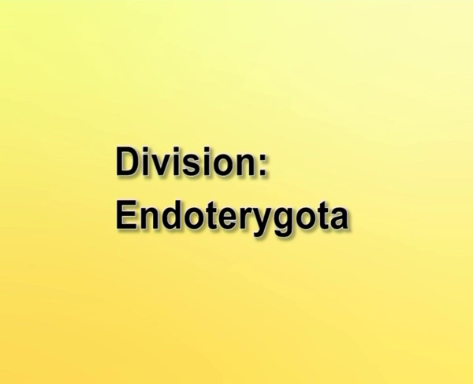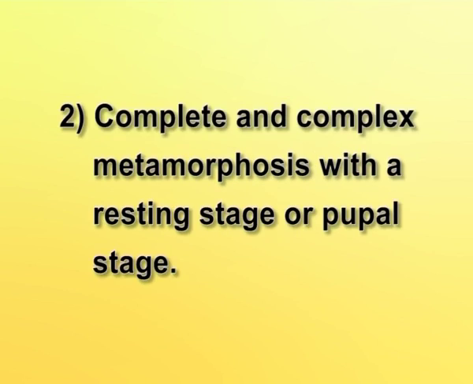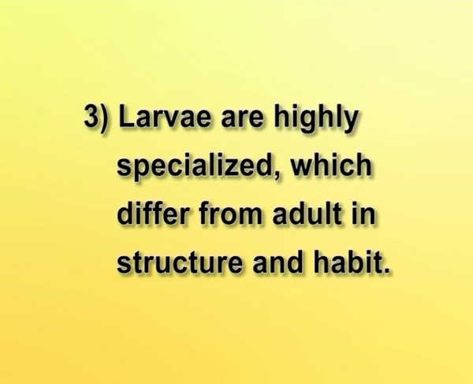Division Endopterygota. Characters are: wings develop internally, complete and complex metamorphosis with a resting stage or pupal stage. Larvae are highly specialized, which differ from adult in structure and habit. Order Lepidoptera.